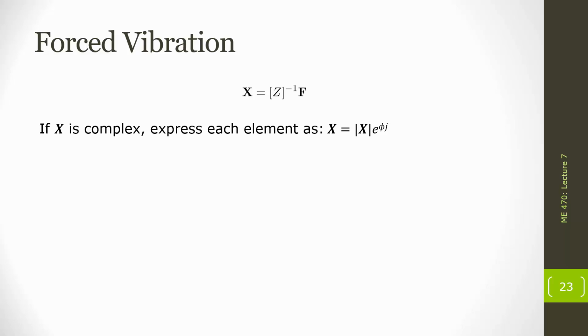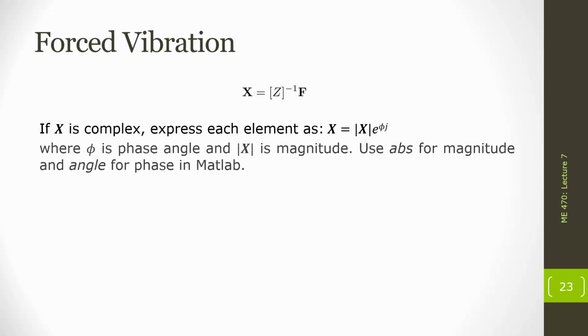And we're going to be able to calculate the magnitude of x and this angle phi using complex algebra. So this phi is going to be calculated by the phase angle of the complex number, and the magnitude of x is going to be the magnitude, or the absolute value, of that complex number.